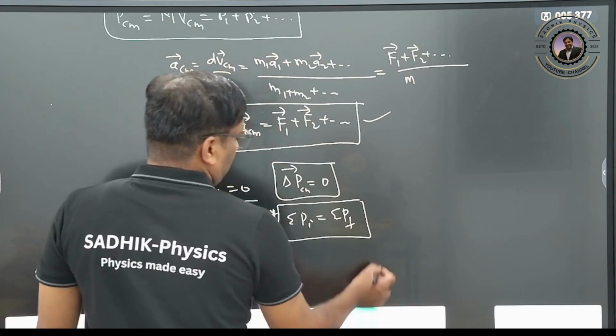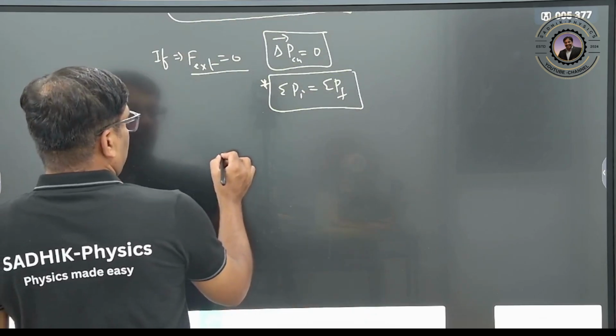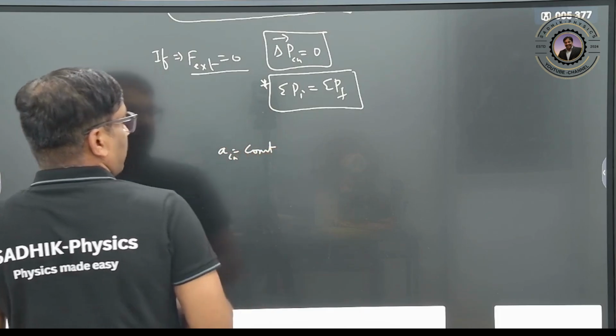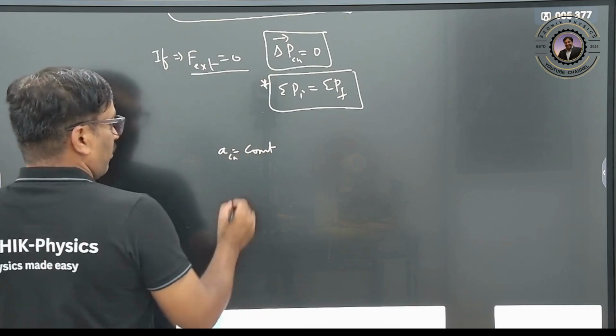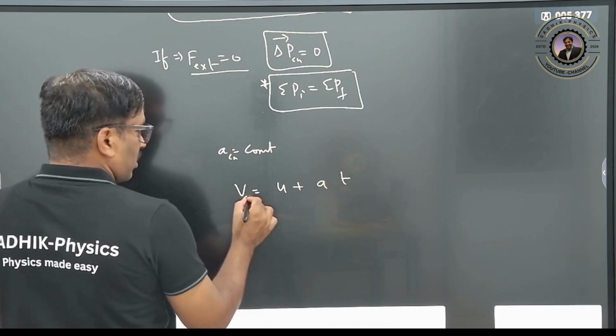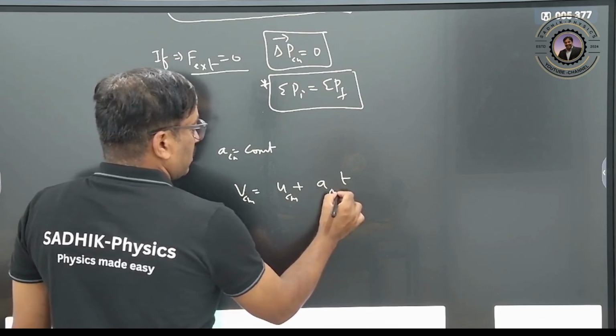Let us write it now. We know that if the acceleration of the center of mass is constant, then v equals u plus at. That means the final velocity, initial velocity and acceleration of the center of mass.